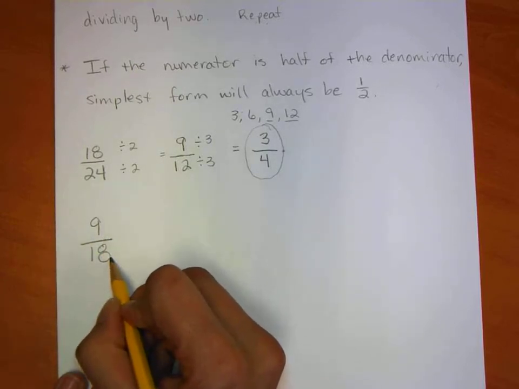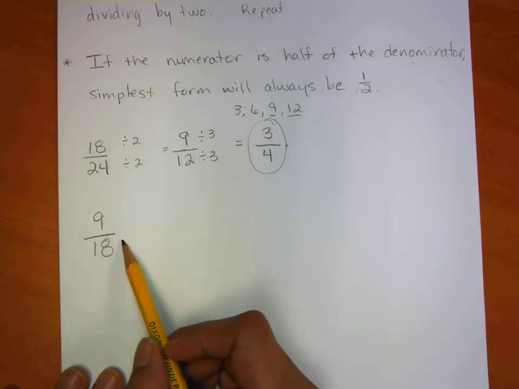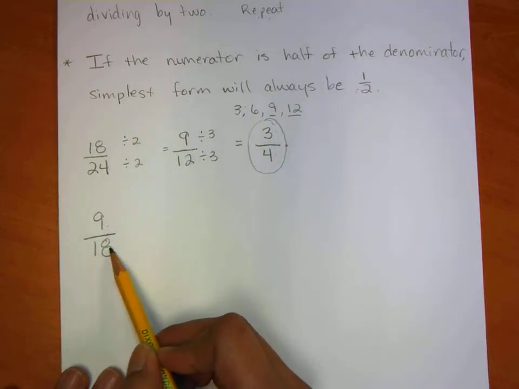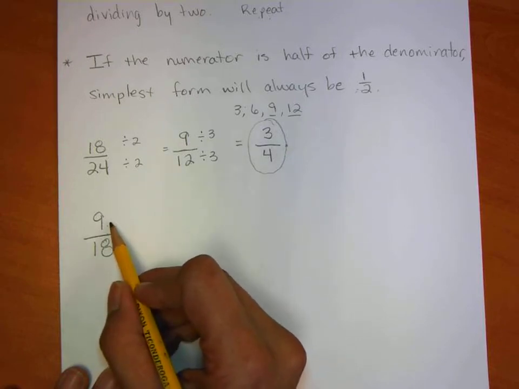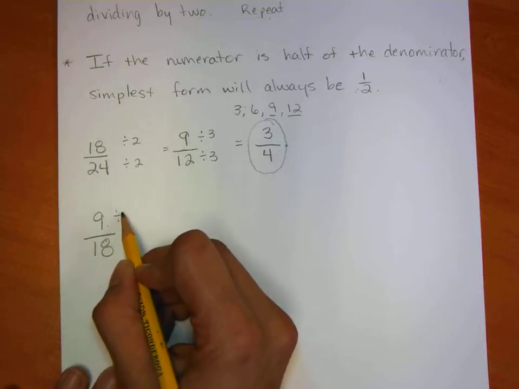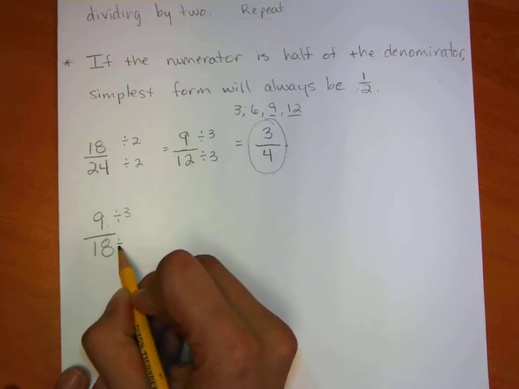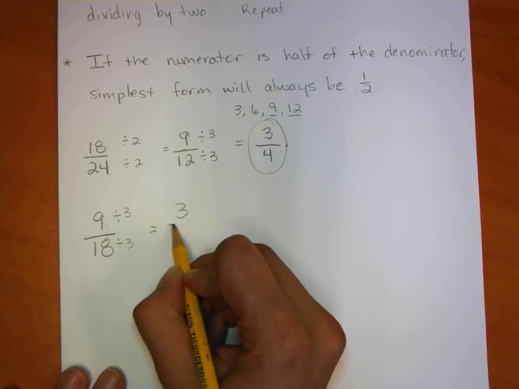9 over 18. Now I want to remember the second rule. If the numerator is half of the denominator, simplest form will always be 1/2. Now, I can start by dividing by 3 on both the top and the bottom. And I'll get 3 over 6.